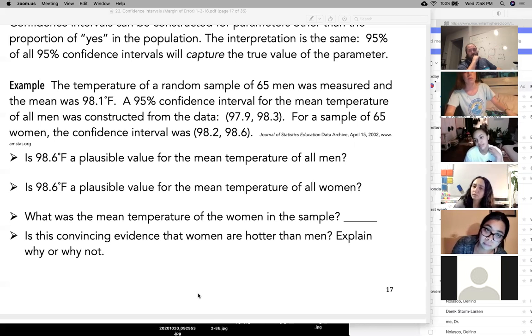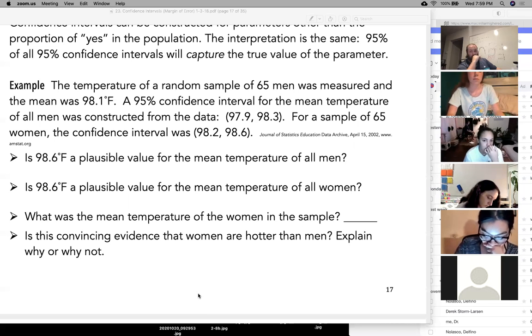There are actual numbers that appear in both intervals, and those numbers are plausible. What if 98.25 was the true value? Do both intervals contain 98.25? Yes, they do. That's why I picked that number. So 98.25 is in both intervals.